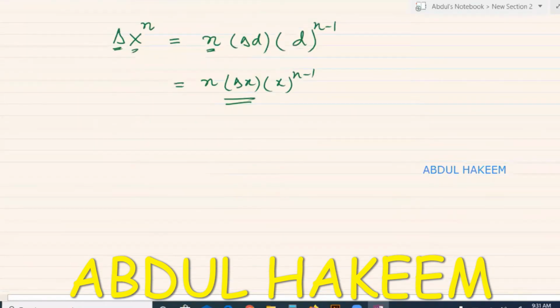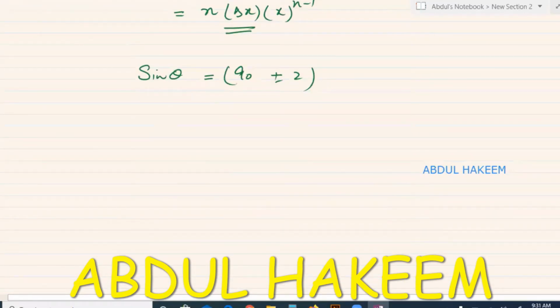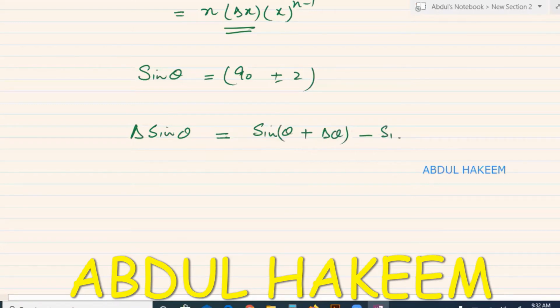Okay. Similarly, if the answer is required for sine theta, look, if theta is 90 plus minus 2 degrees, and the question is calculate the uncertainty, so delta sine theta formula is sine of theta plus delta theta minus sine theta.